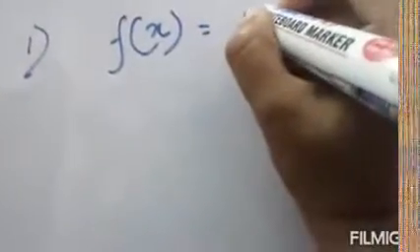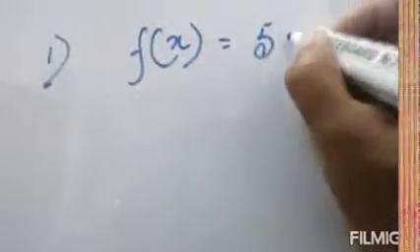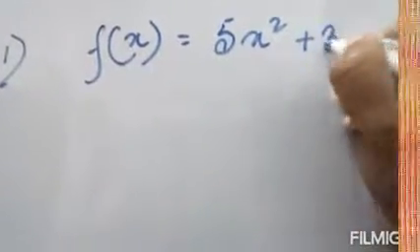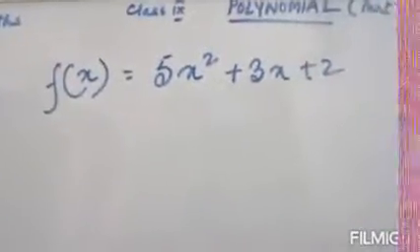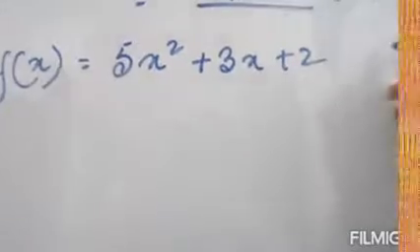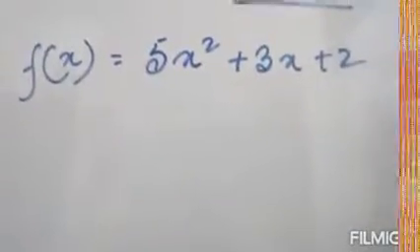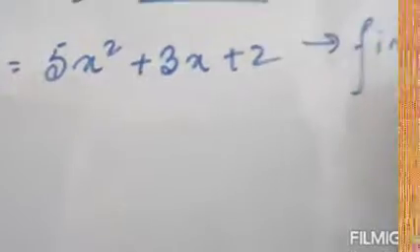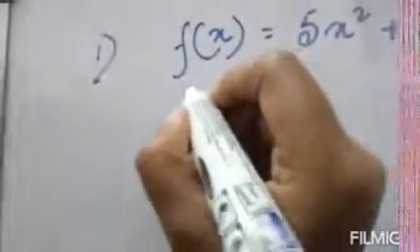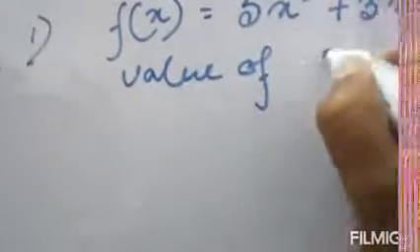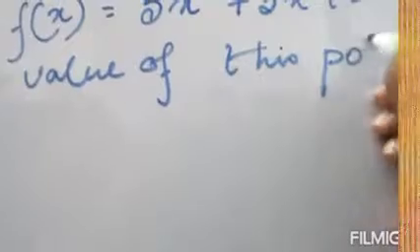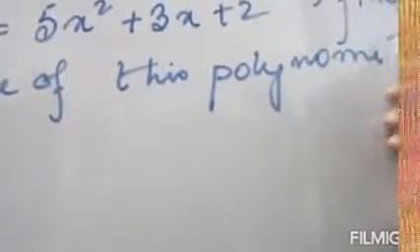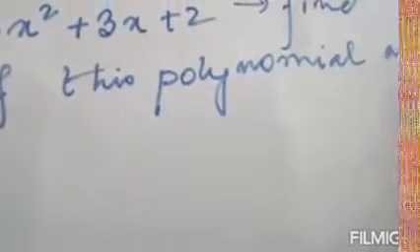Suppose I write one polynomial like f(x) equal to 5x square plus 3x plus 2, and suppose I give you a question: find the value of this polynomial at x is equal to 2.